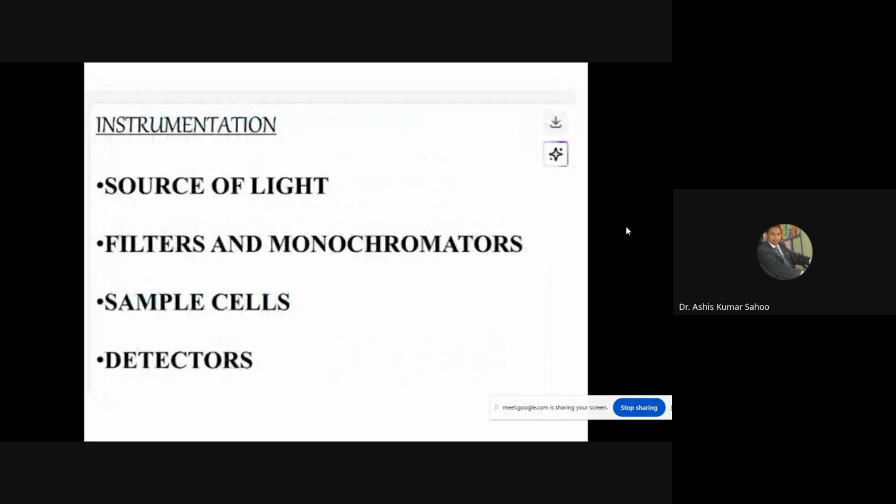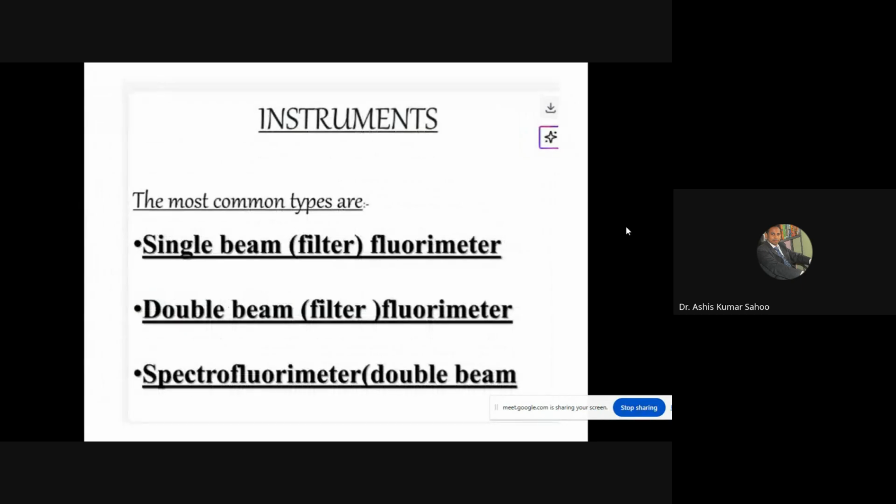Instrumentation: source of light, filters and monochromators, sample cells, and detectors. The most common types of instruments are the single beam fluorimeter, double beam fluorimeter, and spectrofluorimeter. These are common instruments used in fluorimetry and phosphorimetry.